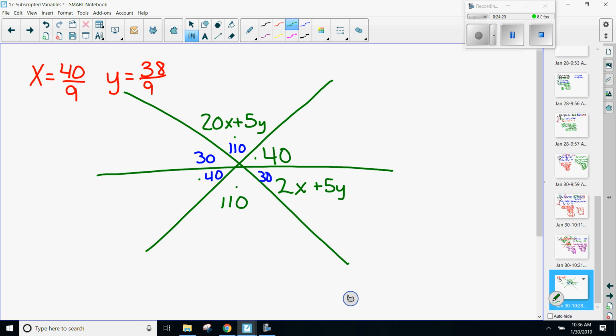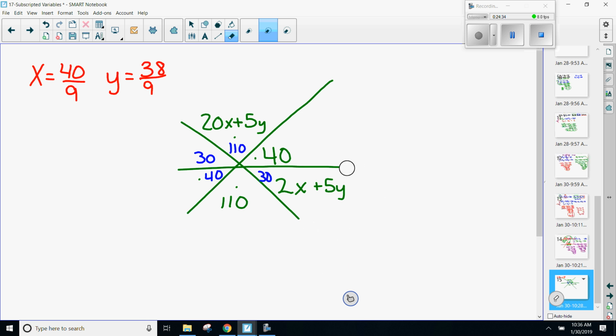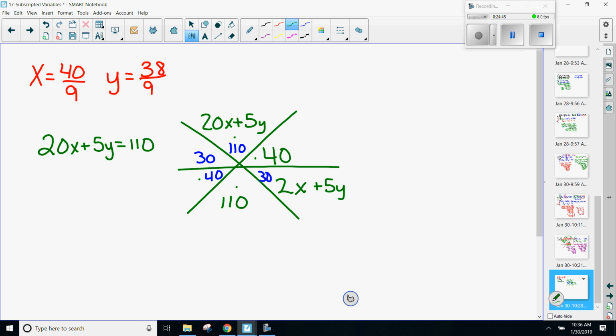So this is 110. So we know that 20x plus 5y is equal to 110. And we also know that 2x plus 5y is equal to 30 degrees.